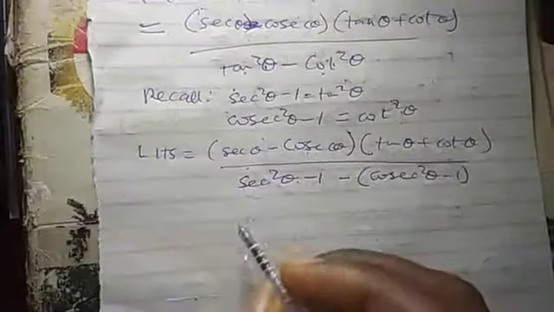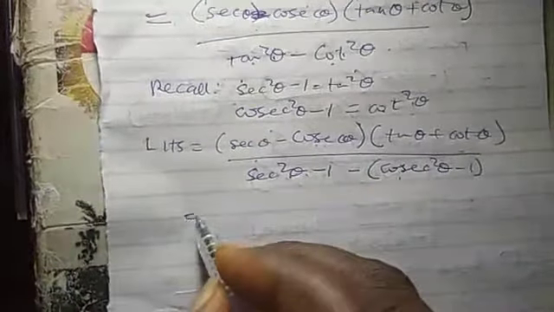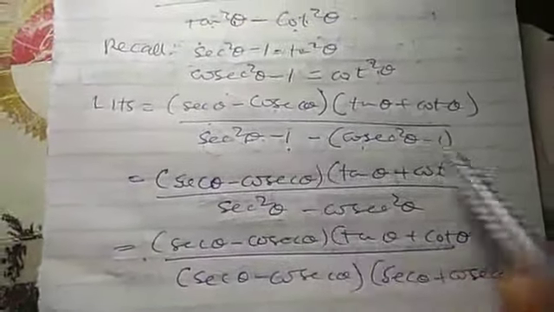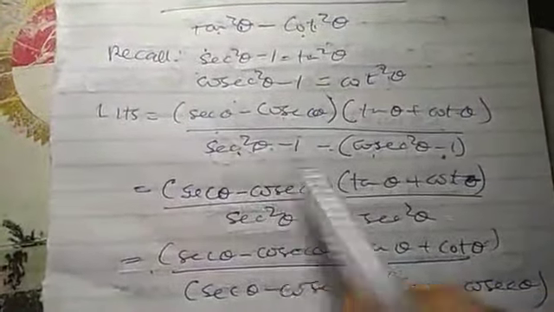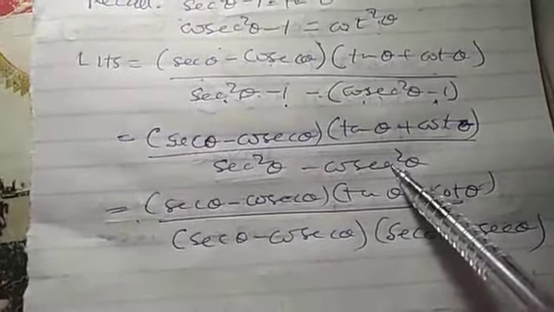From that place, the 1 will leave. It will remain sec square theta minus cosec square theta. So minus times minus 1 will be plus 1, it will be 0. It will remain sec square theta minus cosec square theta at the denominator.